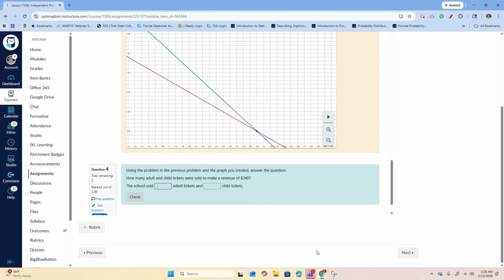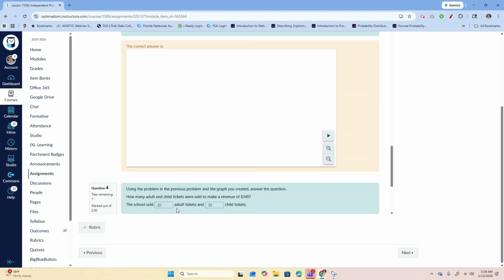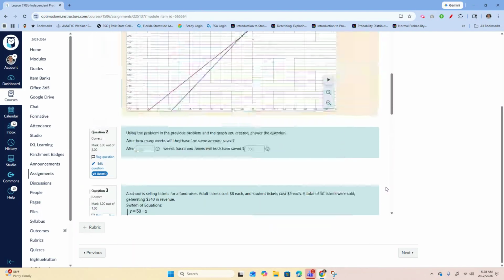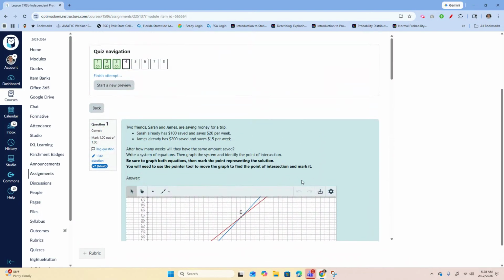So that's what I'm going to put here. So it was 30 for, no, not the adults. It's 20 for the adults and 30 for the children. If I got it wrong, it's because I put it in the wrong order. Okay, and you can see that I did get it right.